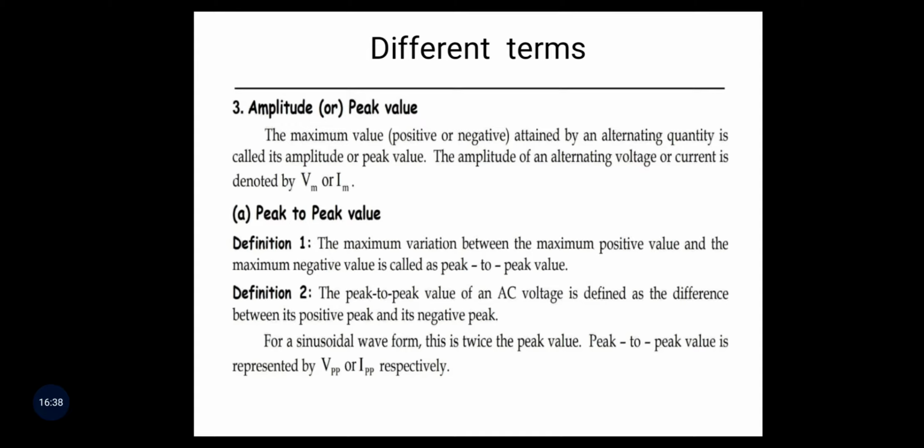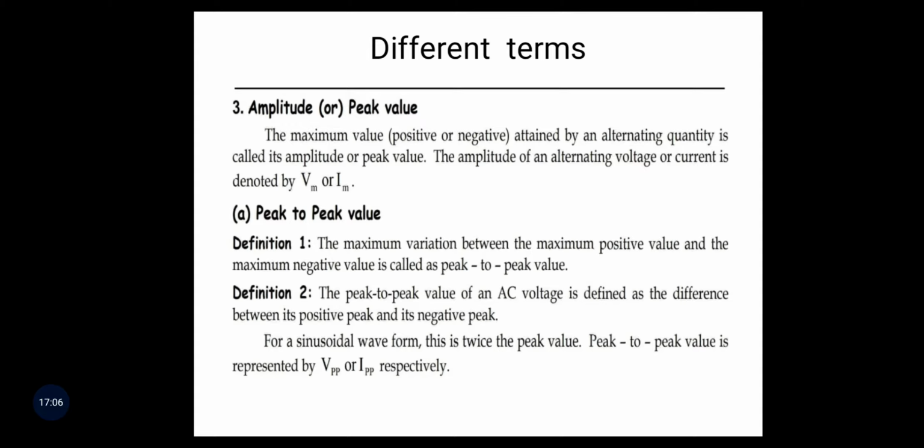Next, peak to peak value. The maximum variation between the maximum positive value and the maximum negative value is called the peak to peak value.